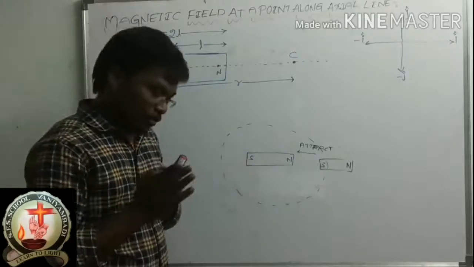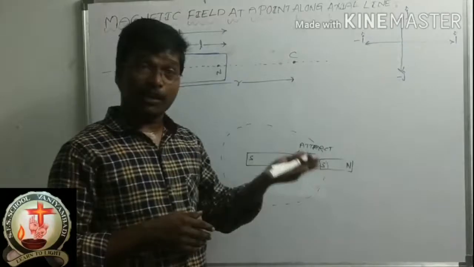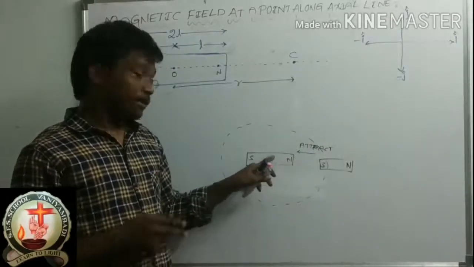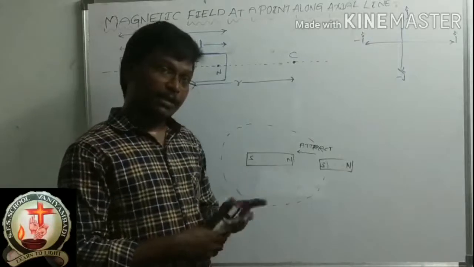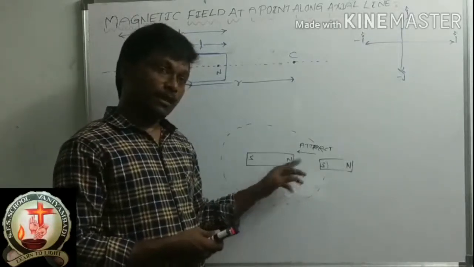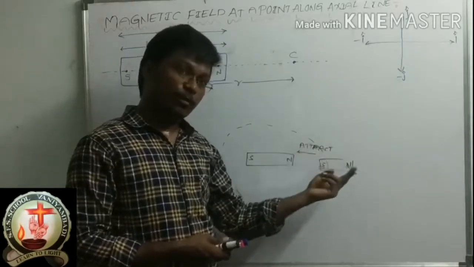Here you have to remember, whenever we place another magnet in the magnetic field of this magnet, two things happen. Here the north pole is there, and the other magnet also has two poles.